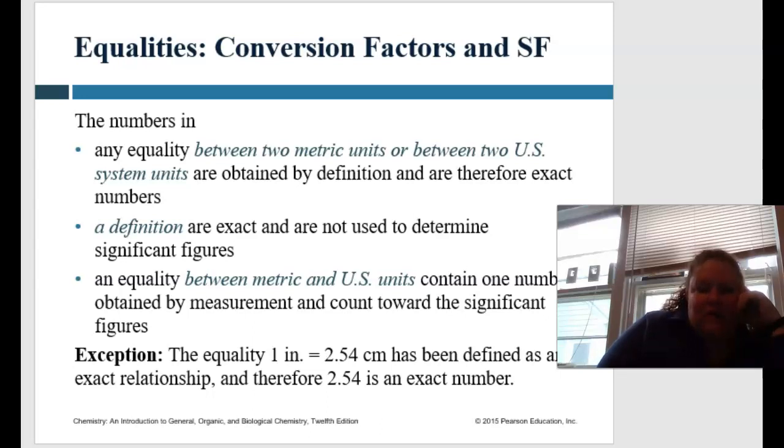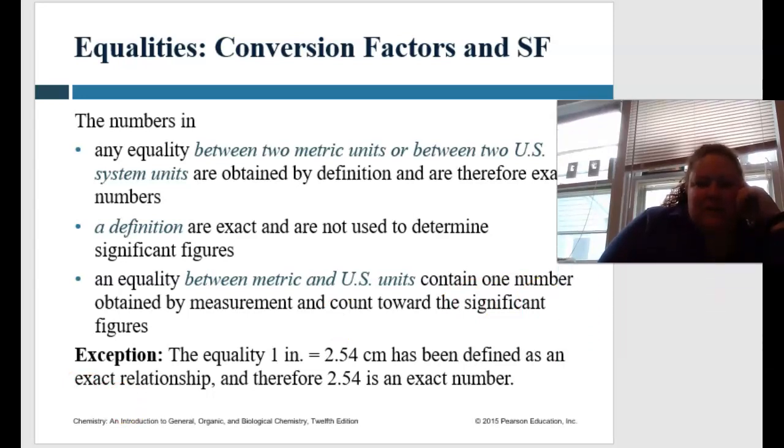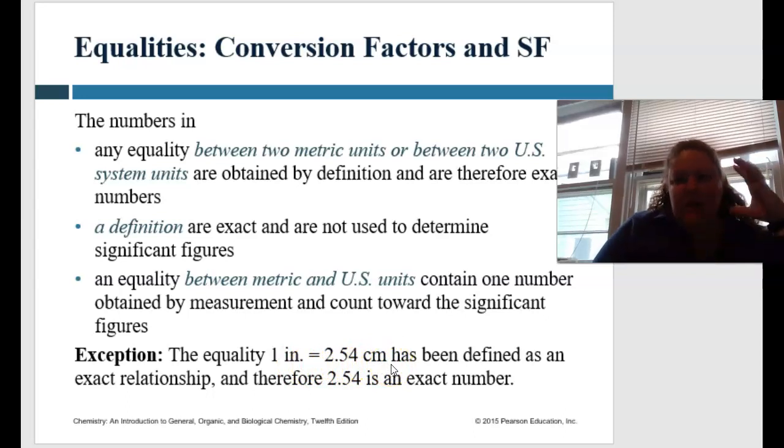An equality between metric and US units contains one number that's obtained by measurement, and that does count towards the significant figures. So an example would be the equality of 1 inch equals 2.54 centimeters. This has been defined as an exact relationship, and so therefore, 2.54 is going to be an exact number.